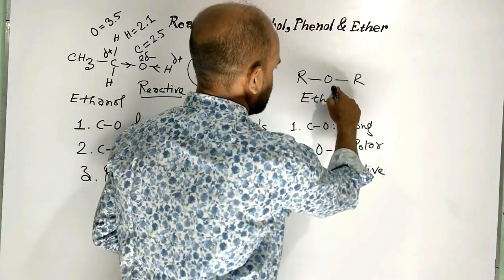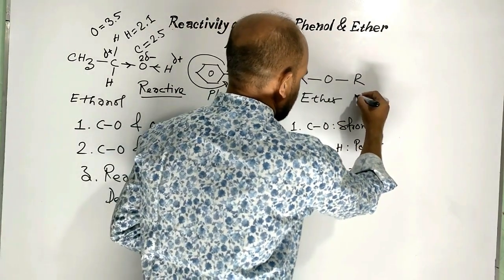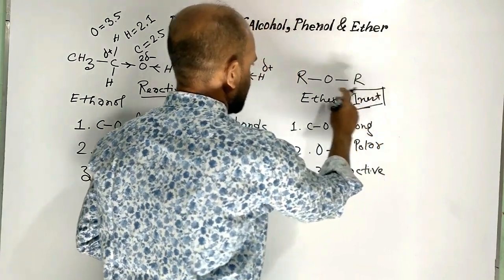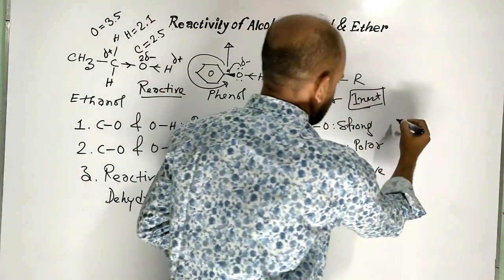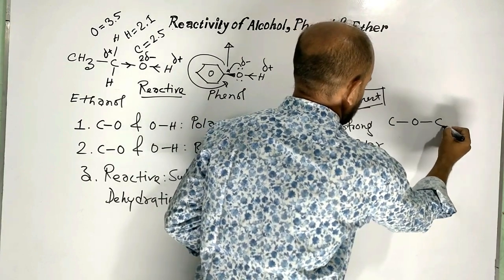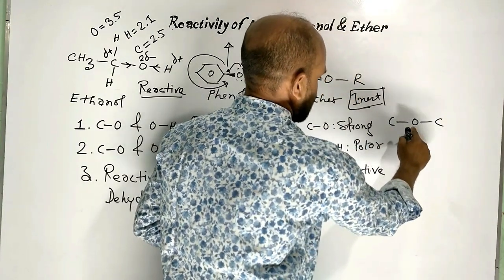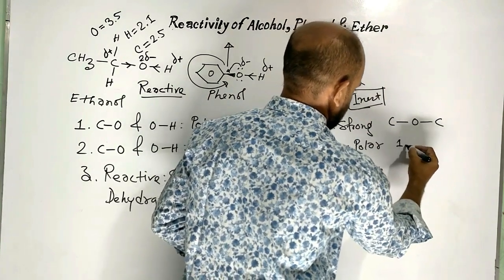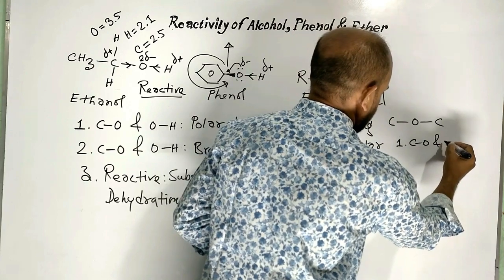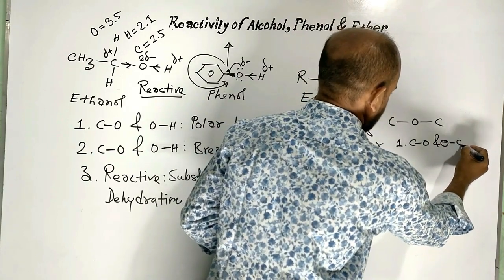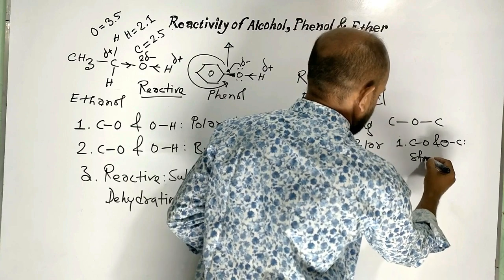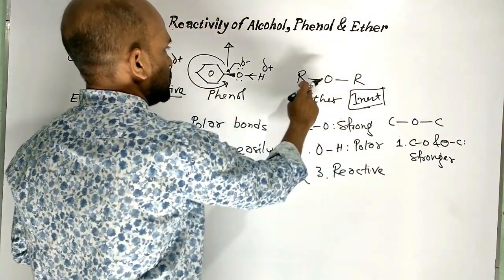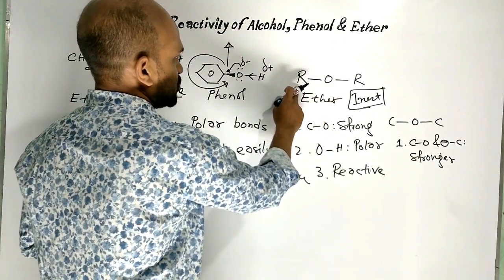Now let us see about ether. Ether is a kind of inert compound because in ether, carbon oxygen and oxygen carbon bonds become stronger. Carbon oxygen and oxygen carbon bonds become stronger because we know alkyl group is a kind of electron donating group.